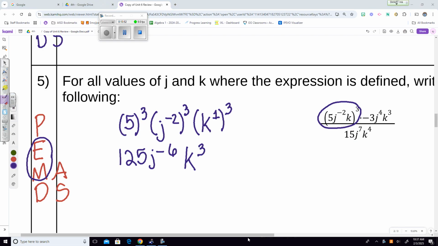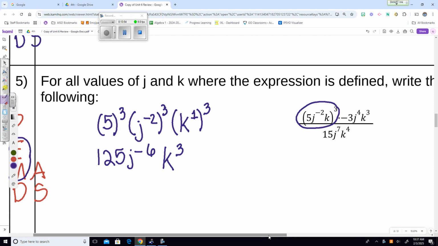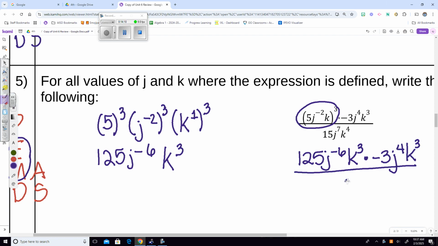All right. So here's what we have now. We have 125, j to the negative 6, k to the 3rd, times negative 3, j to the 4th, k to the 3rd, divided by 15, j to the 7th, k to the 4th. You'll be okay.